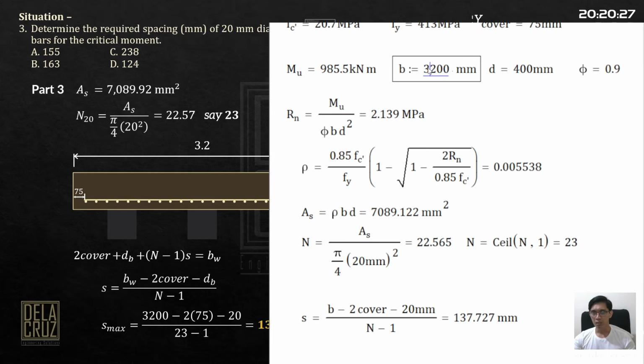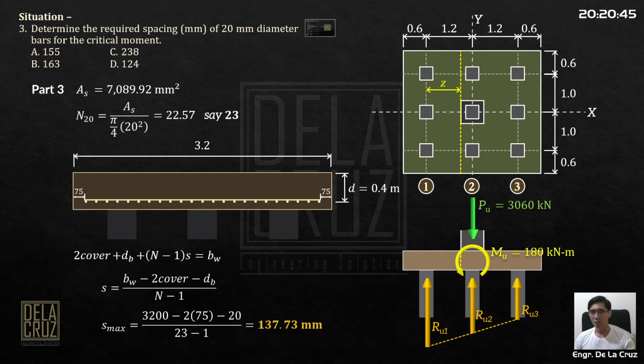Sa tingin ko dito, yung ginamit niya, instead na 3,200, posible ito yung ginamit niya na width, which is wrong. But there's a possibility, yan yung nagamit niya na width. Instead na ito yung ginamit niya na width, it can be ito yung ginamit niya, which is a total of 3.6. Ito is 3.2 lang yan.